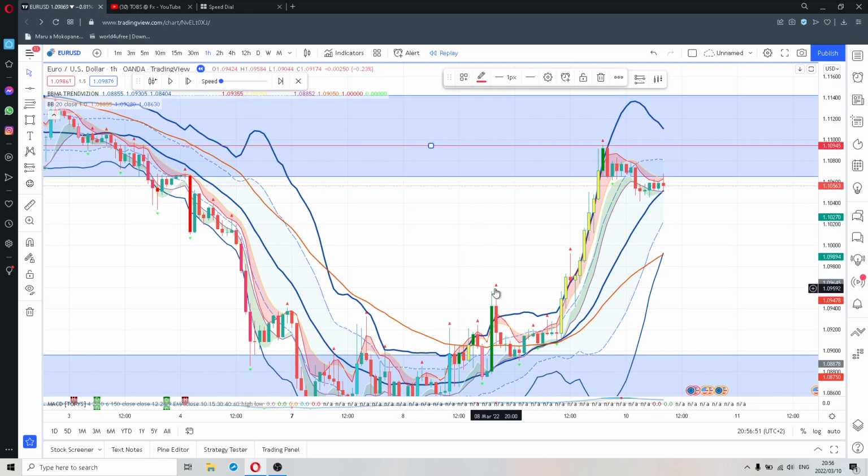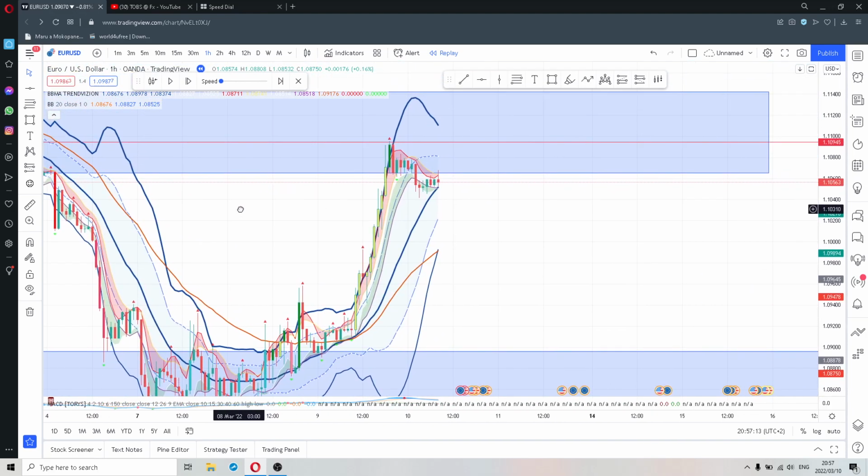This was the high on the 8th of March. Then on the 8th of March, this was the high for March. So this was the high on the 4th of March. But let's just continue and see if we can get an extreme or something there.